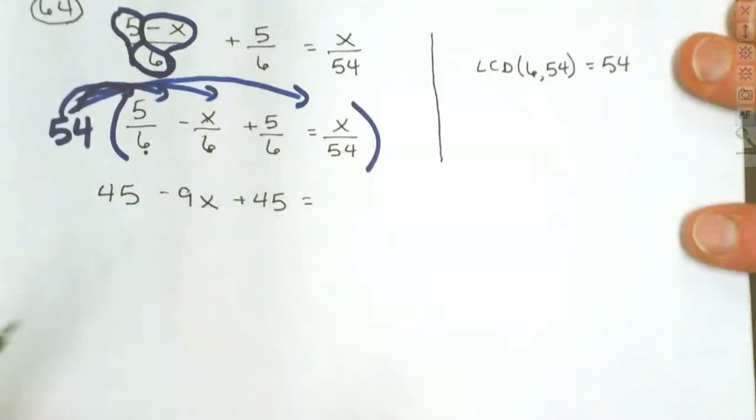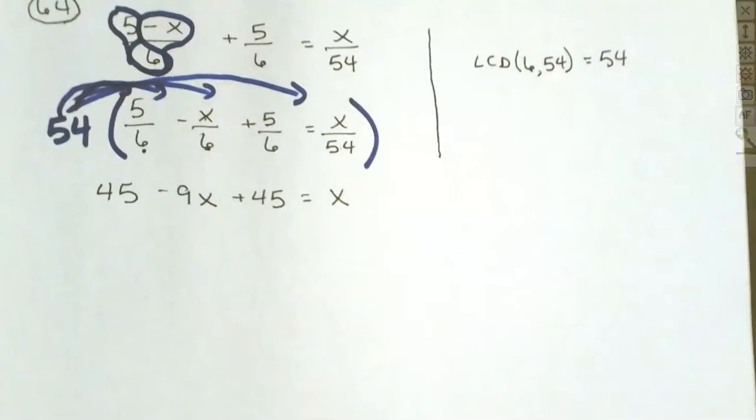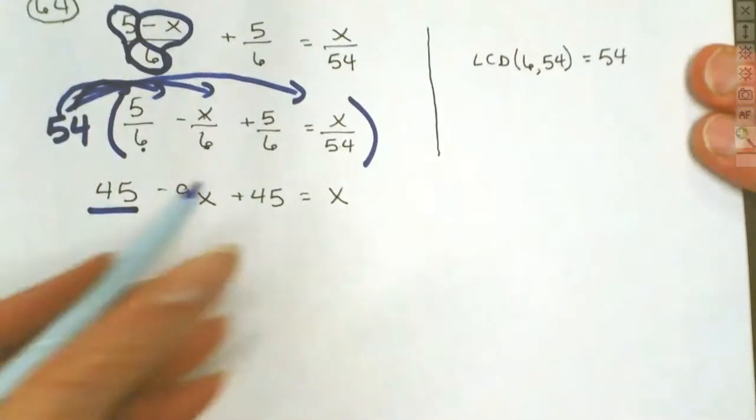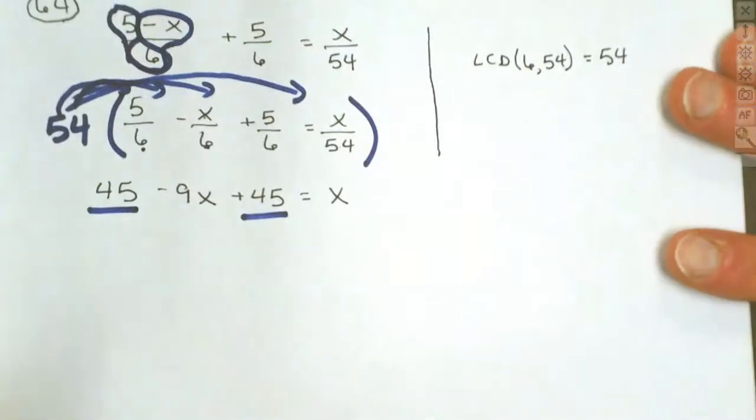So that's going to make it a single x. So we have now successfully cleared all the fractions. So now it's easy. We should know what to do. Before I move things across the equal bar, I'm going to begin by combining. So 45 and 45, those can go together and make it a 90.